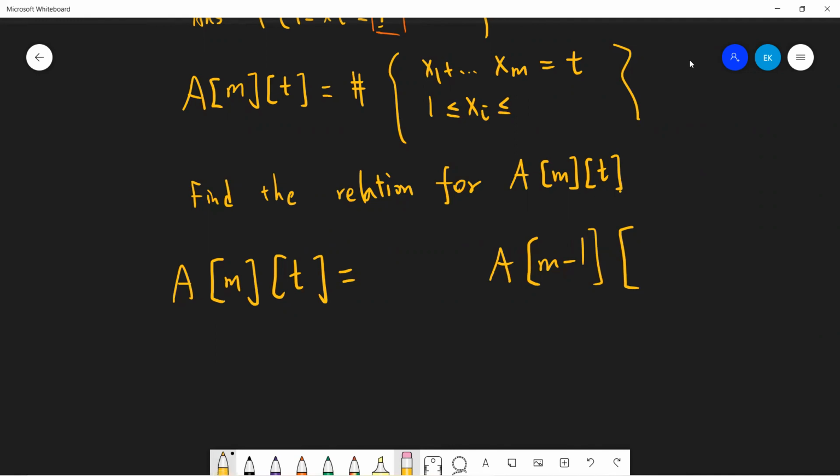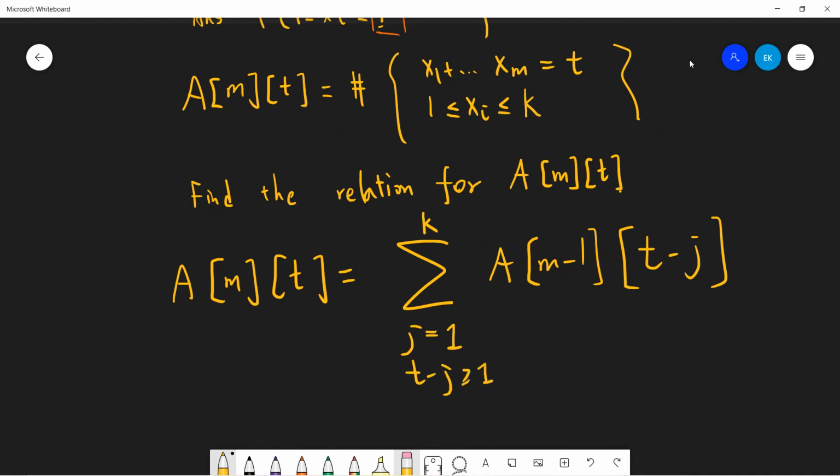So you take A of m minus 1, t minus j, summation j from 1 to k, subject to the condition that t minus j is greater or equal to 1. Because suppose m is greater or equal to 1, then your rest must be something greater or equal to 1, right? Otherwise there's nothing you can do, right? So this is the relationship. Okay.